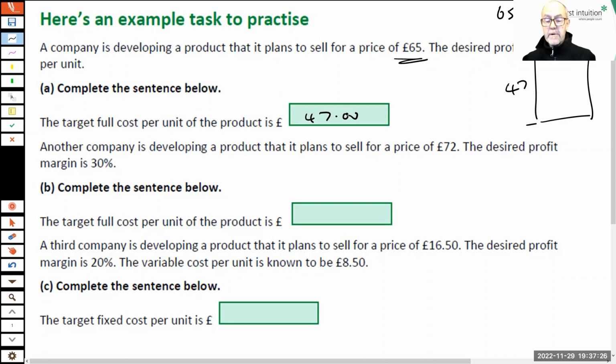Another company is developing a product it plans to sell for a price of £72 and the margin is 30%. Okay. Target full cost per unit of product is, wow, that's 72. That's 30% and that's 70%.